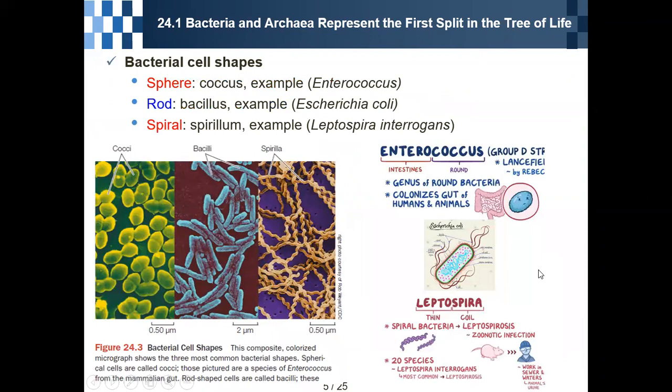Now in this slide, we will cover bacterial cell shapes, starting from the sphere, the rod, and the spiral, like this. The sphere we call a coccus, and also cocci.